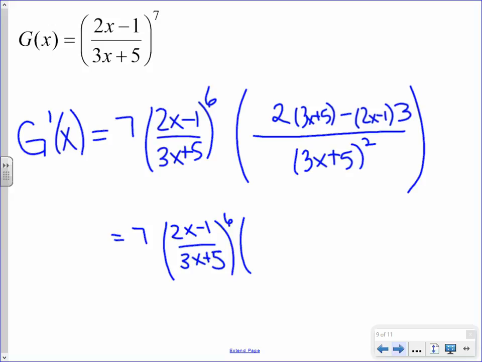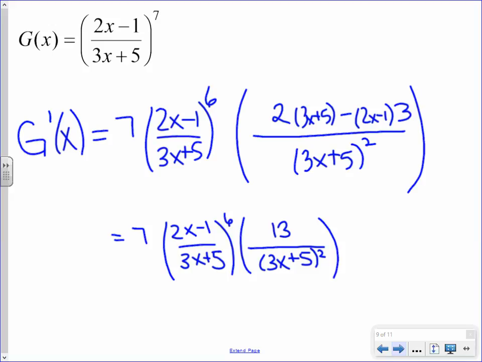Okay. Can anybody tell me what our numerator simplifies to? The numerator. What did you say? I said 13. Just 13? Because this is 6x plus 10 minus 6x plus 3. Agreed.